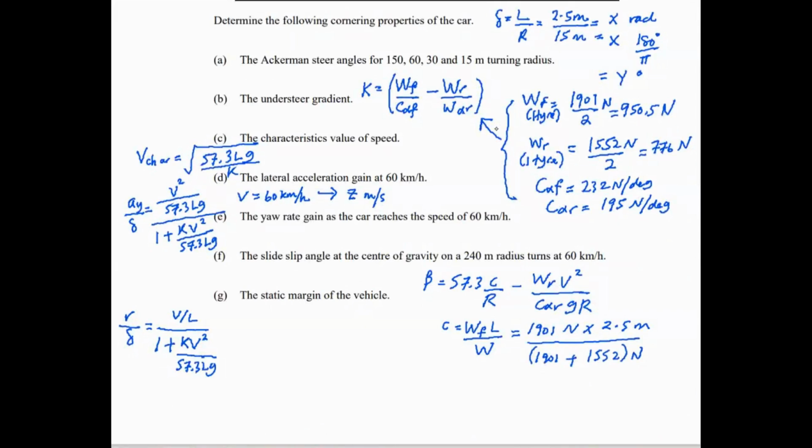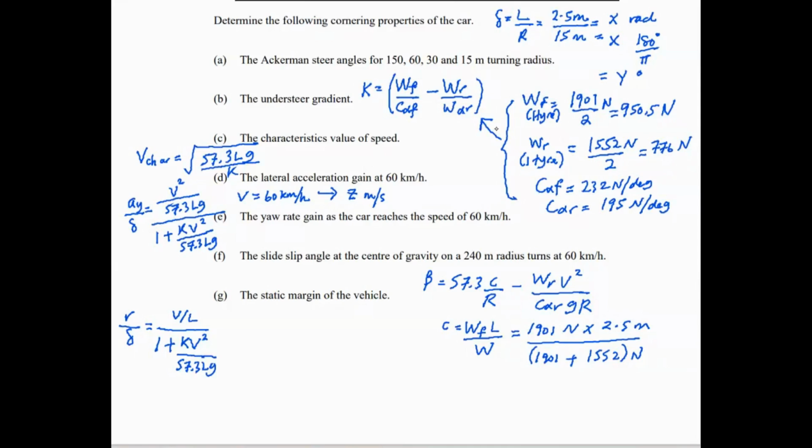V is the speed in meter per second. G is the gravitational acceleration. WR is the rear axle weight.